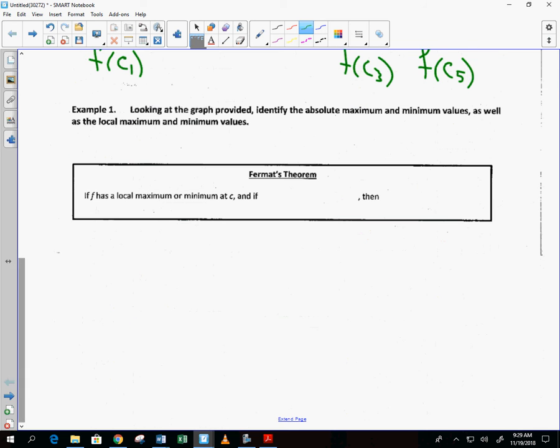A very famous mathematician, who we won't get into why he was famous, but Fermat says if f of x has a local maximum or minimum at c, and if f prime of c exists, then f prime of c is equal to 0.